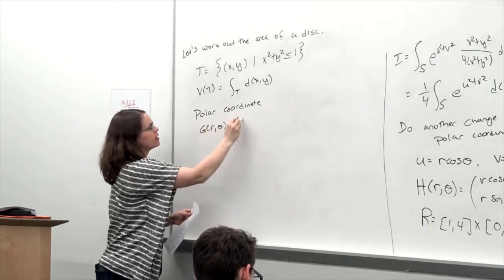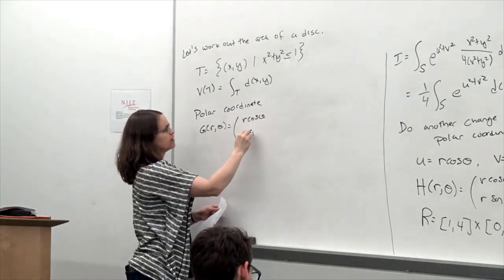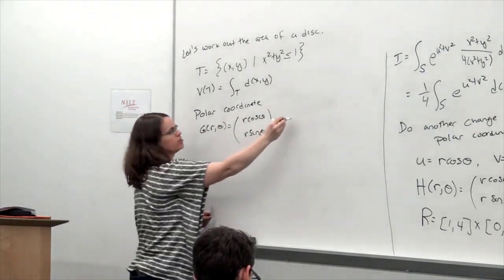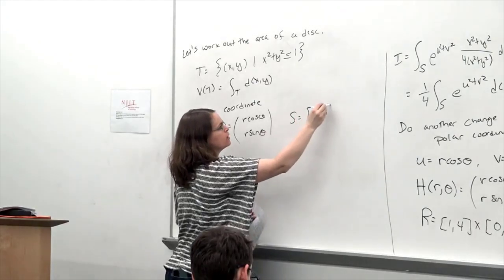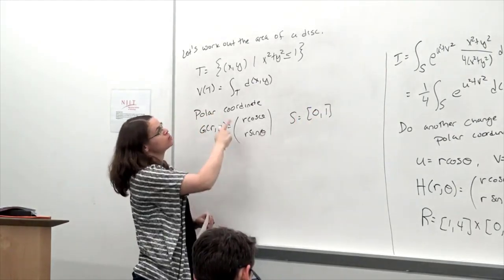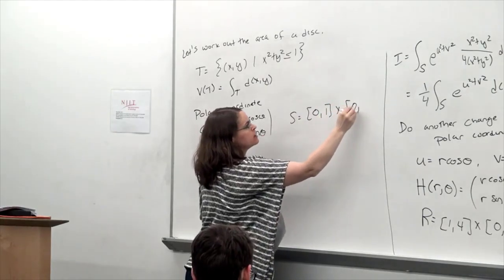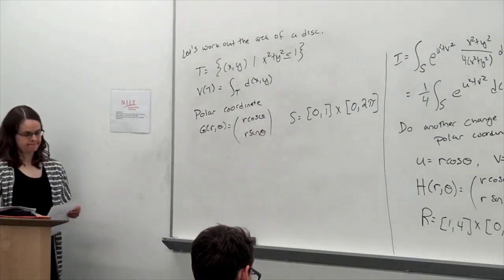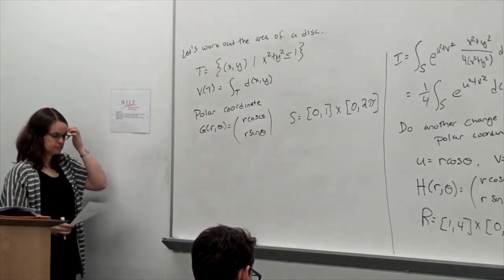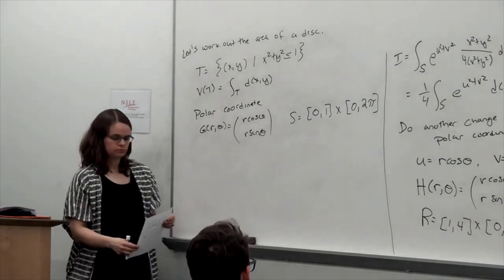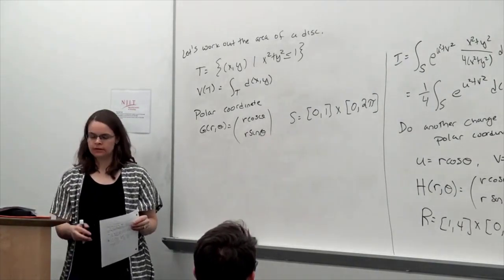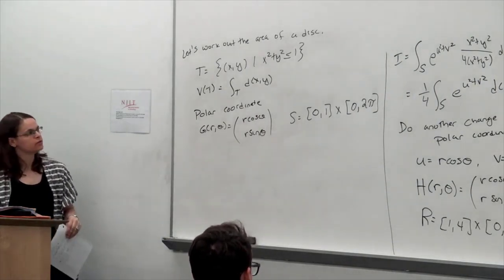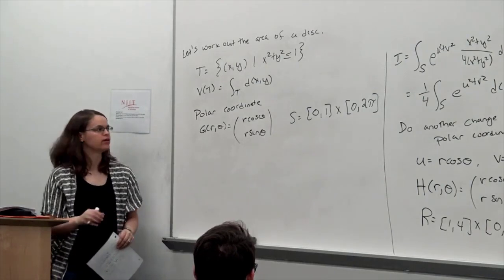So we go, all right, r cosine theta, r sine theta. Our set S is 0, 1. Right, radius goes from 0 to 1. Now we're going all the way around the circle from 0 to 2 pi. Okay, and we can write down what is the Jacobian of G and what is all this stuff.